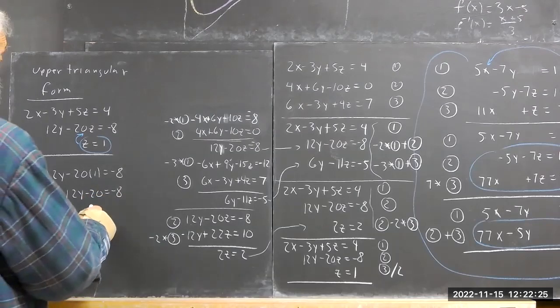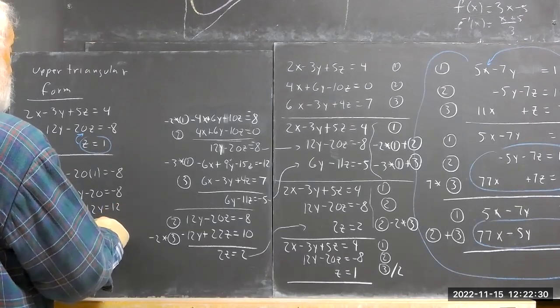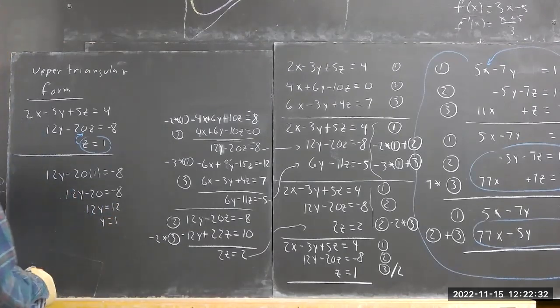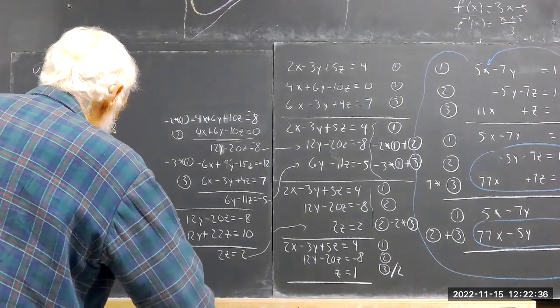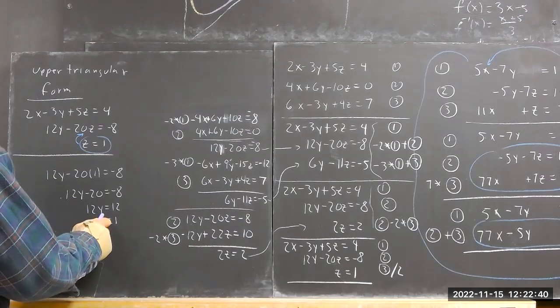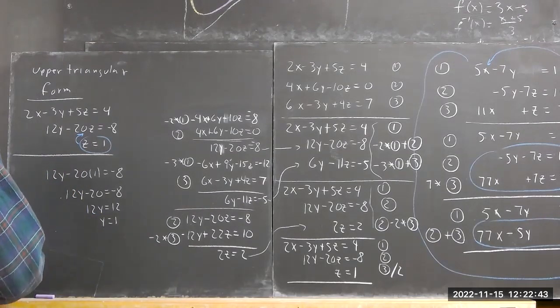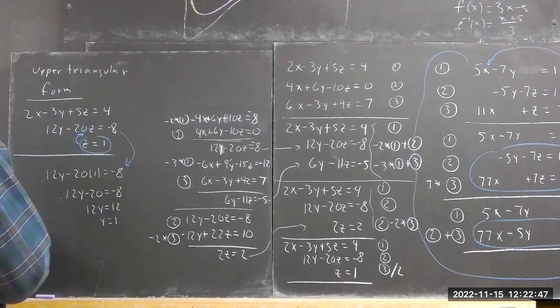12y minus 20 is negative 8. 12y equals 12. y equals 1. So now I've got z equals 1 and y equals 1. So plugging z equals 1 in here gives me this.